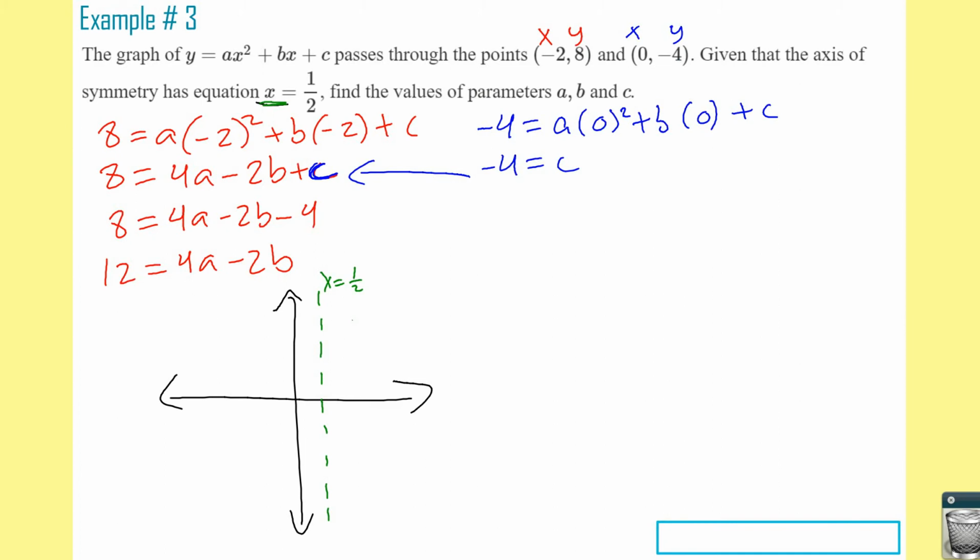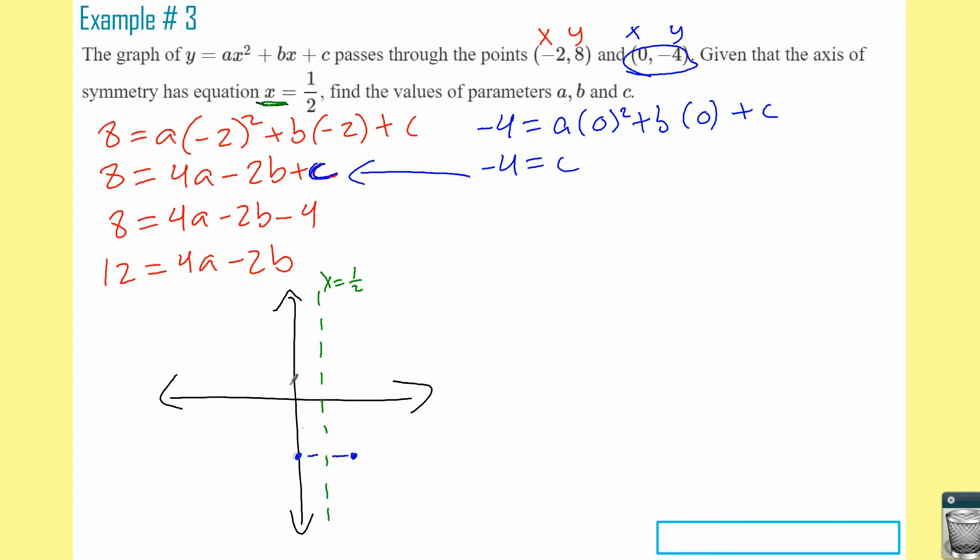Okay, so for the point 0, -4, we are here. So that means I'm going to have another point the same distance away over here.